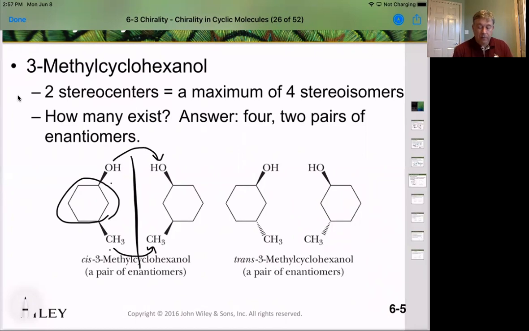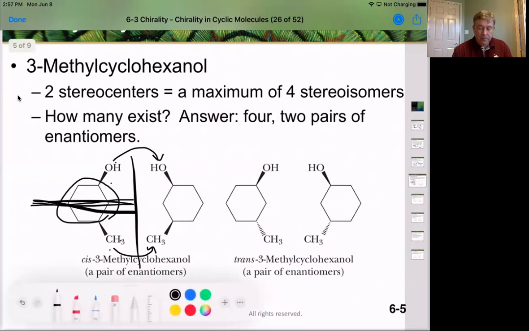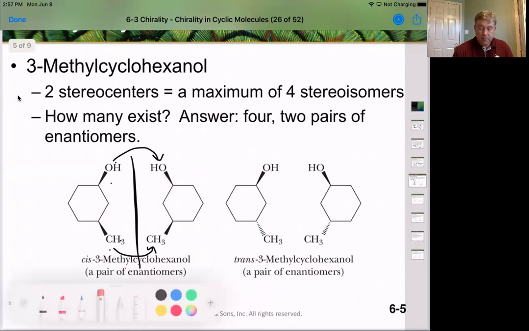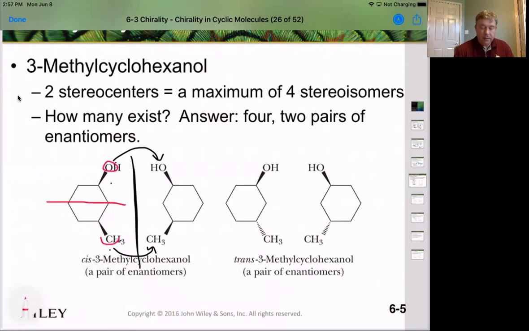If we draw the mirror here, the hydroxy is mirrored. If we draw the plane of symmetry here in the middle, the hydroxy is going to be in the same place as the methyl group, so that's not a plane of symmetry. We can't draw the plane of symmetry here because this doesn't match that.